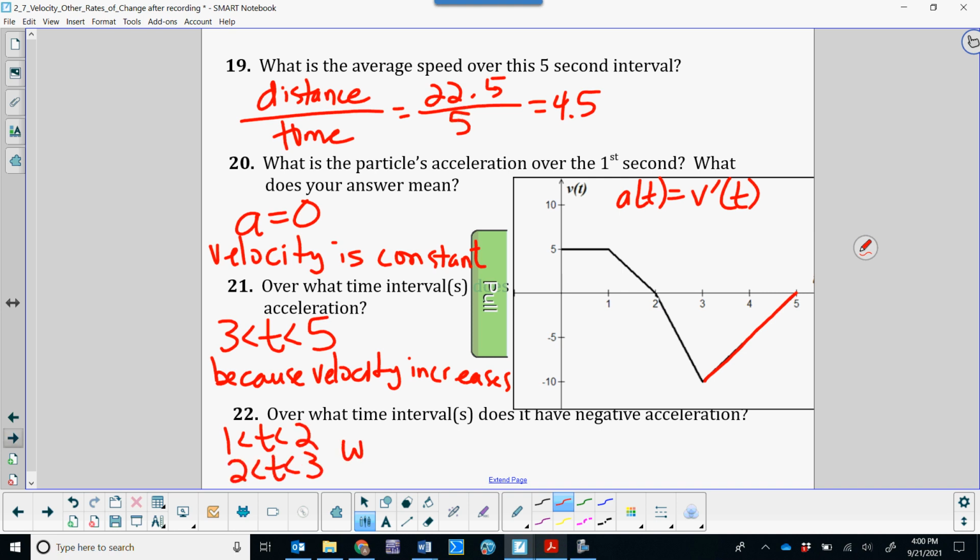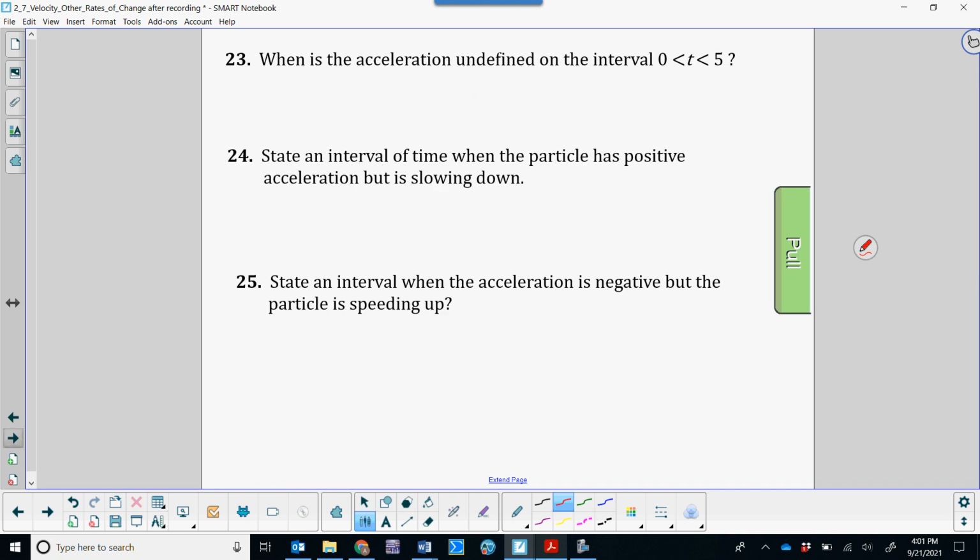And again, this is where the velocity decreases. Okay, so again, because the acceleration is the derivative of the velocity, if the velocity is decreasing, its derivative, acceleration, would be negative. All right, 23.